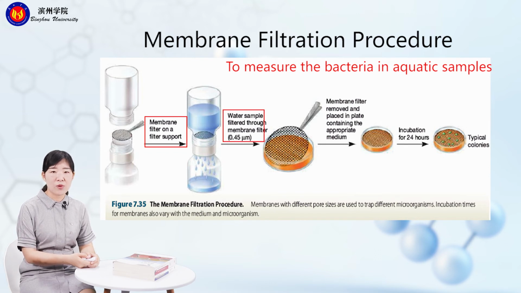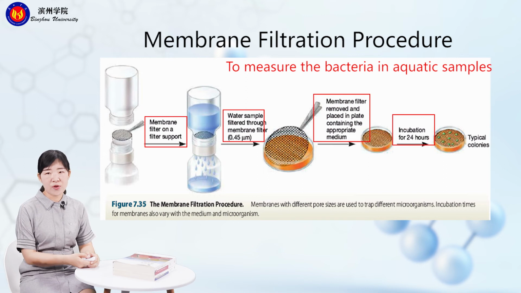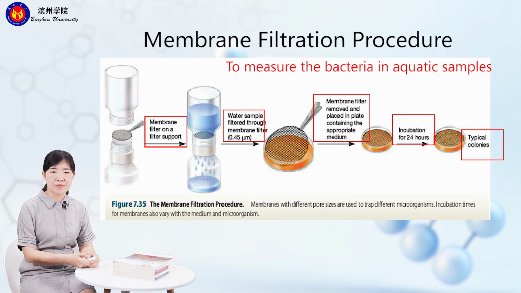Then the water sample is filtered through the membrane filter, and the membrane filter is removed and placed on a plate containing the appropriate media. After incubation for 24 hours, you can get the typical colonies.